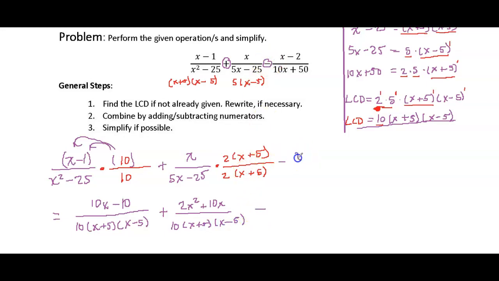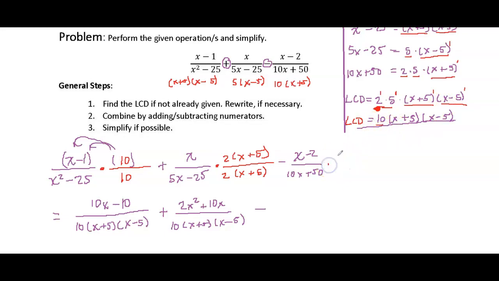Minus x minus 2 over 10x plus 50. And just like how we did in the last two expressions, 10x plus 50 is 10 times x plus 5. So what would be missing here is just the x minus 5. We've already got the 10, we already got the x plus 5.